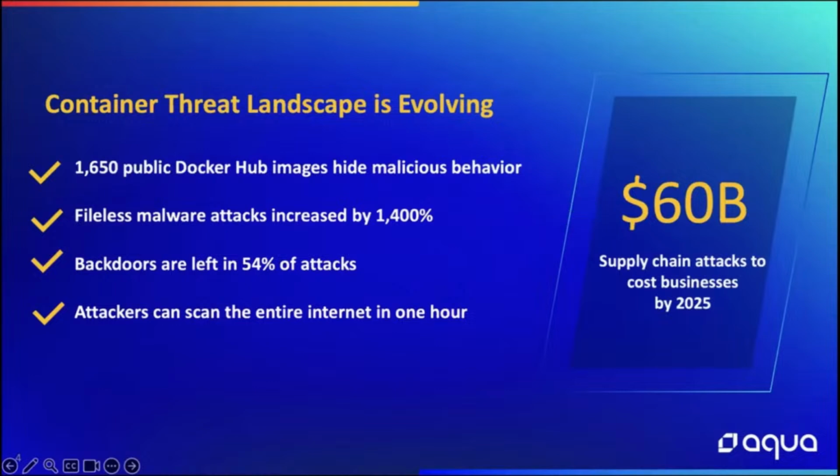And also they are trying to hide malware inside public container images on services like Docker Hub. They're trying to make it innocent looking and to trick developers into downloading these images. And this is especially dangerous because this malware only manifests at runtime, and it's really hard to detect before deployment.